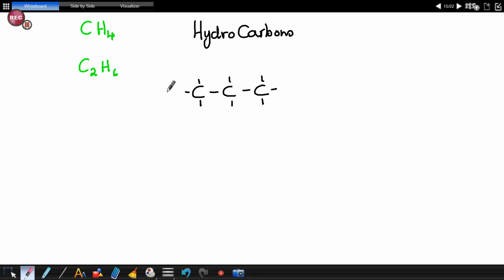So how many hydrogens would there be if you add another carbon to the chain? The molecular formula is C3H8. Every time you add a carbon to the chain, you add 2 hydrogens.